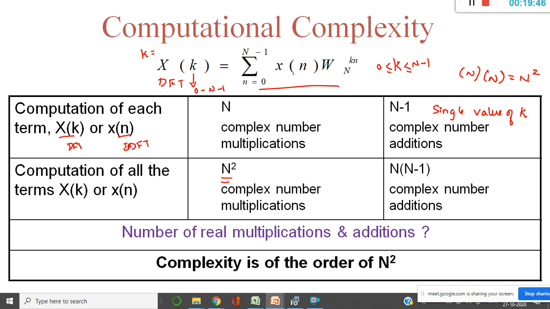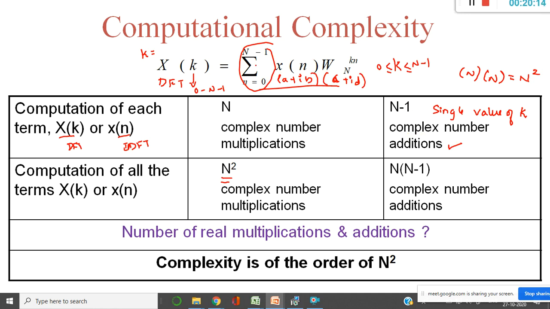Here, assume x of n is complex valued, a plus ib, and W_N to the power of kn is also of the form c plus id. Now, if you observe, the summation is ranging from 0 to n minus 1, so obviously the number of complex additions will be n minus 1.